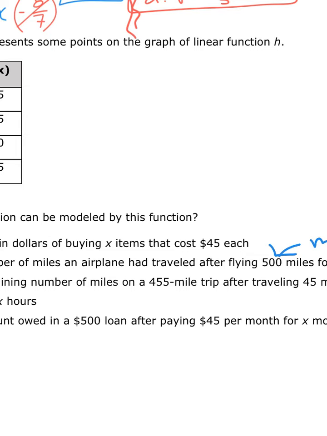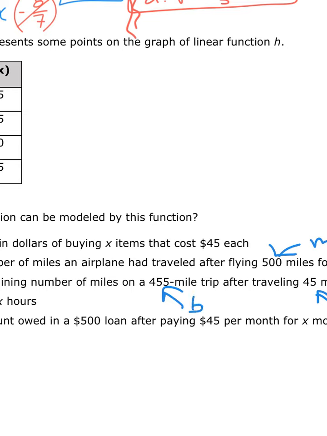C. The remaining number of miles on a 455-mile trip after traveling 45 miles per hour for x hours. So again, I have my slope. And we're going to say 455. So if it's a 455-mile trip, we start with 455 miles to go, right?